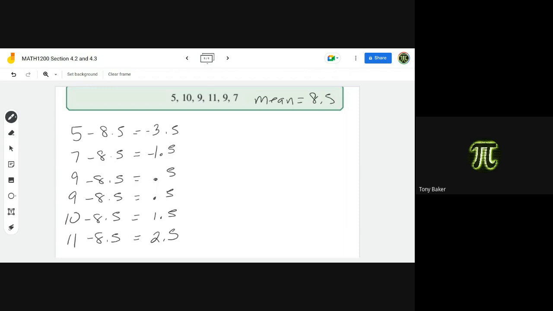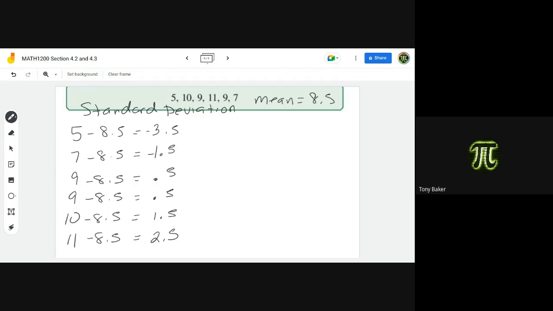So that's going to tell me how far each number is away from the mean. But I want to know the data as a whole. Right? So the next thing I'm going to do is to find what's known as my standard deviation, which is the main thing that everything else after this point is going to be pretty much based on.